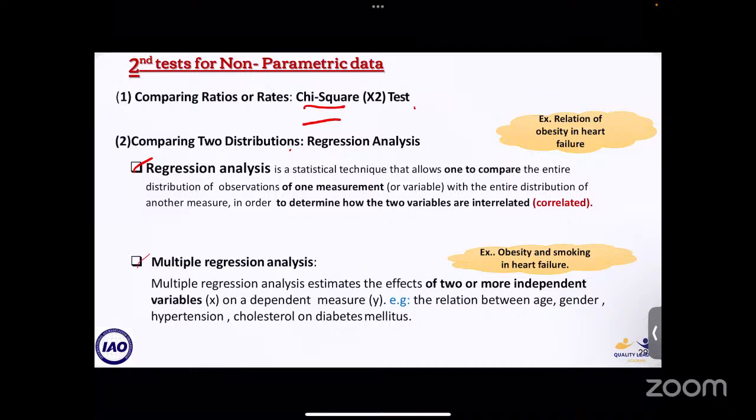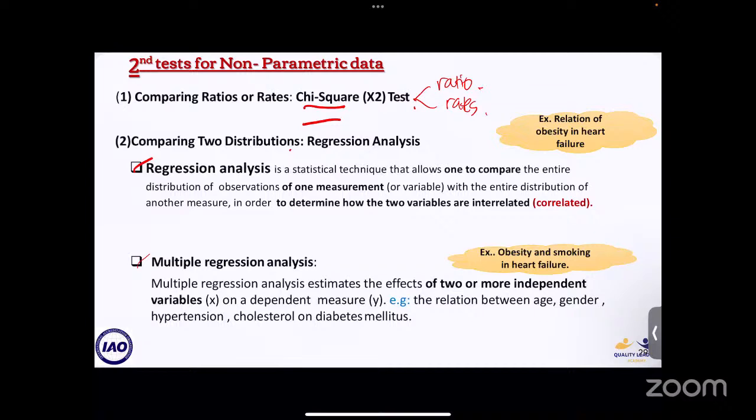It is particularly useful when comparing what? Ratios and rates. The chi-square helps compare the rates and the ratios between the two samples. So that is a chi-square.